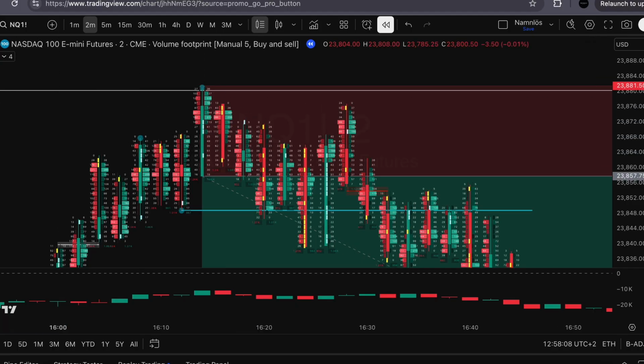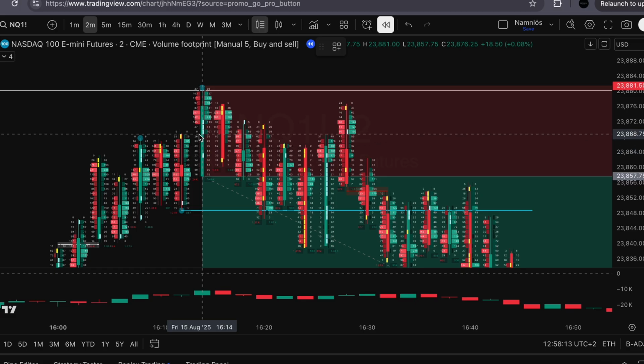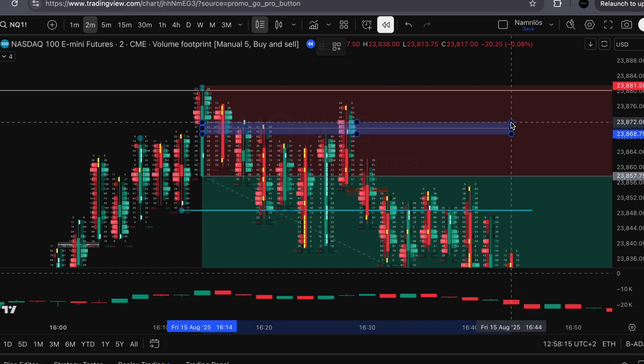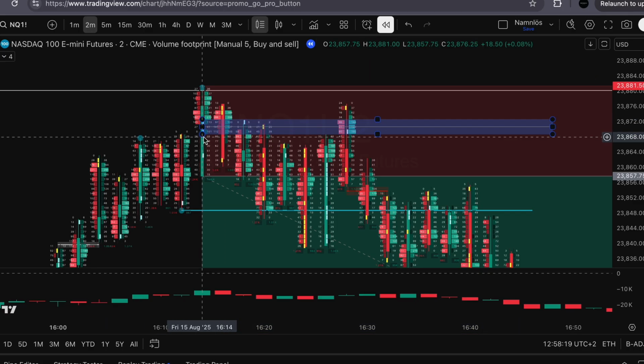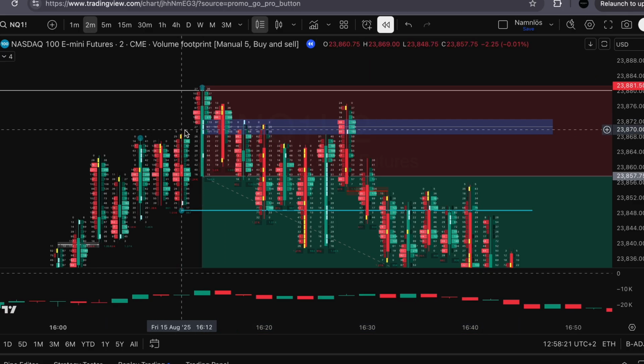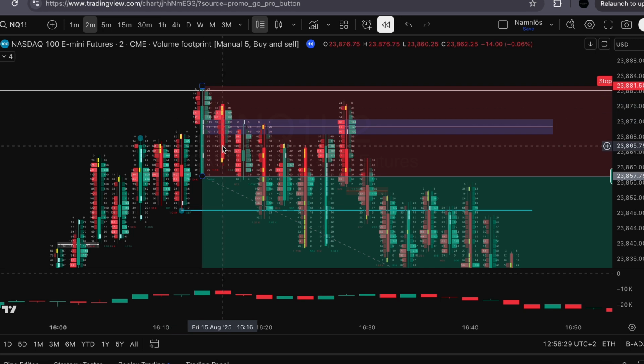For me, it was this one right here that I was going to trade off. See these stacked imbalances of the buying here. When we got that violation, you see my trade, I took it right there.